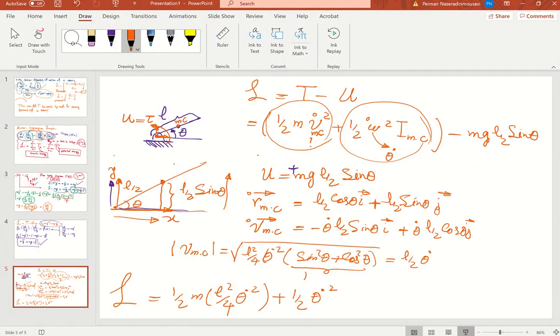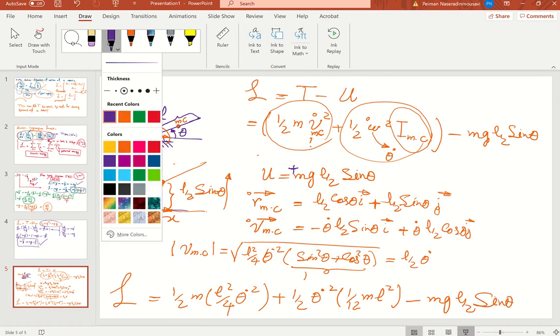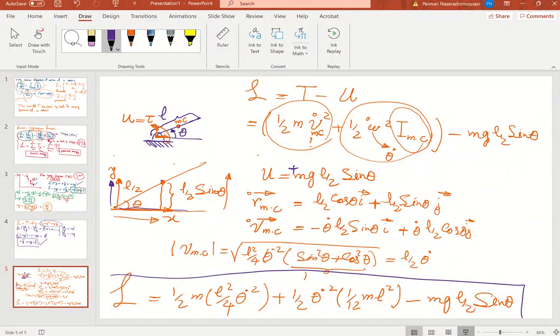This is the mass moment of inertia with respect to the center of the link, gonna be 1 over 12 ML squared. You can find it even from Google for a link. Minus mg L over 2 sine theta. So this is the Lagrangian for this simple one link robot.